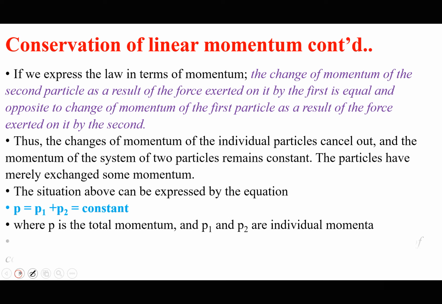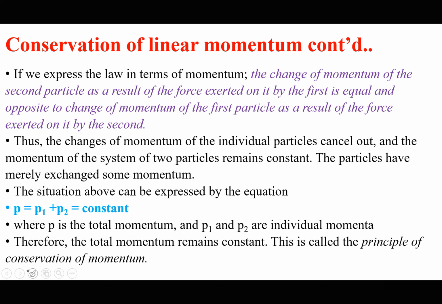Therefore, the total momentum remains constant, and this is called the principle of conservation of momentum. So if no resultant force is acting on the system, then the total momentum of the system is always going to remain constant. And such a system is later on going to be called isolated.